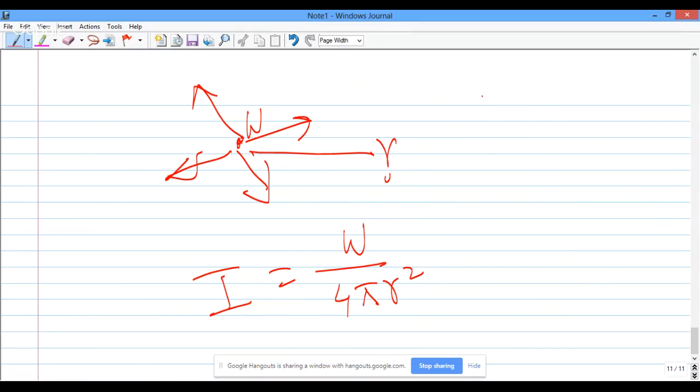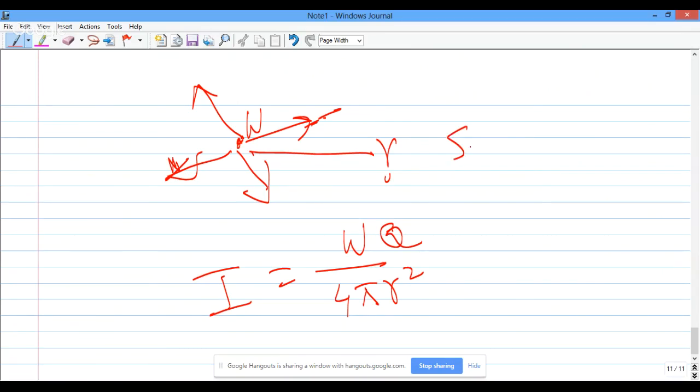But if the source doesn't radiate sound equally in all directions, then I can multiply by a factor which you call the directivity factor. For example, in this direction, supposing it is more, but in this direction it is less. So intensity is given by WQ by 4 pi r square.